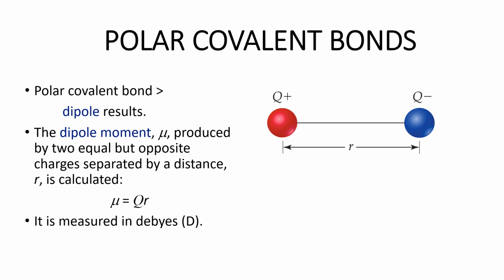This value for two atoms joined by a covalent bond shows the polarity of the bond. If it is higher, that means a highly polar bond, and if the mu value is low, that is a low polar bond.